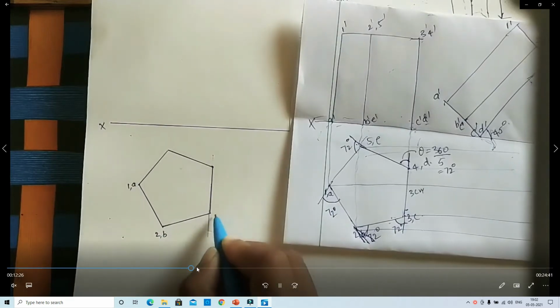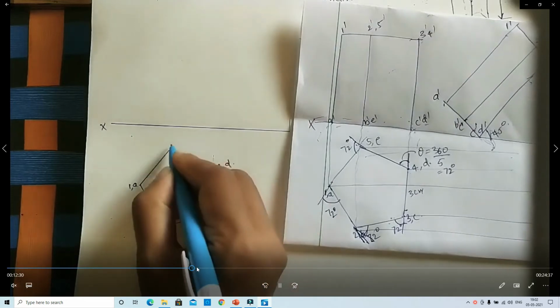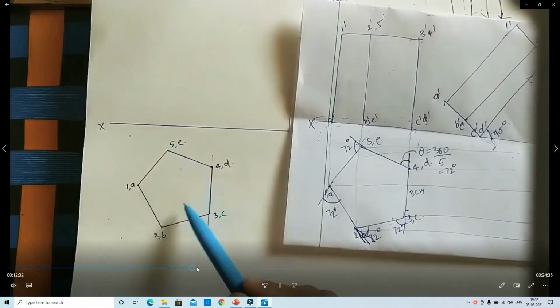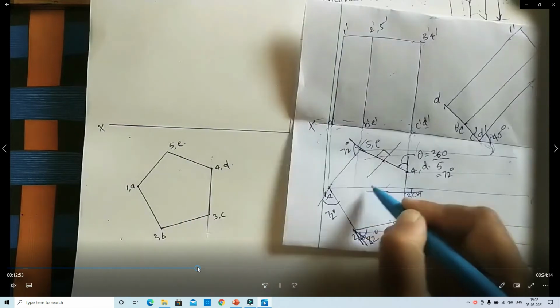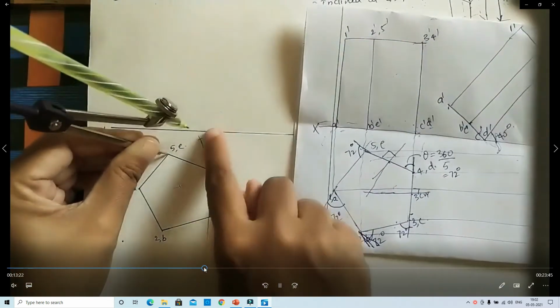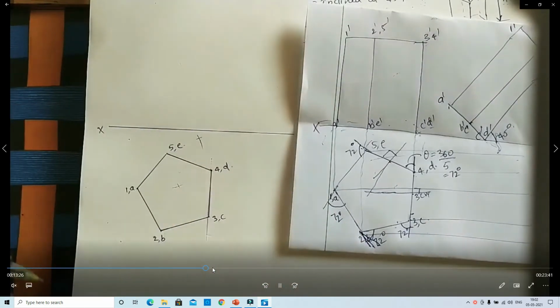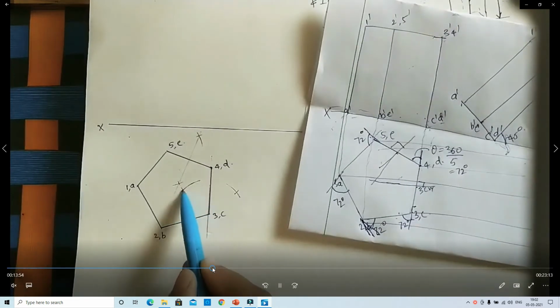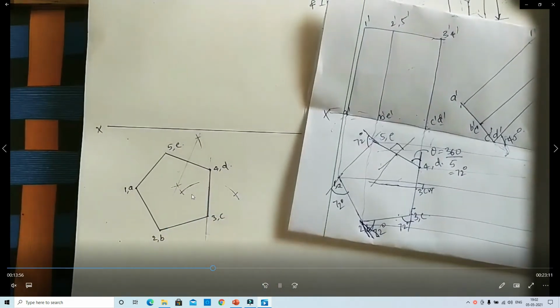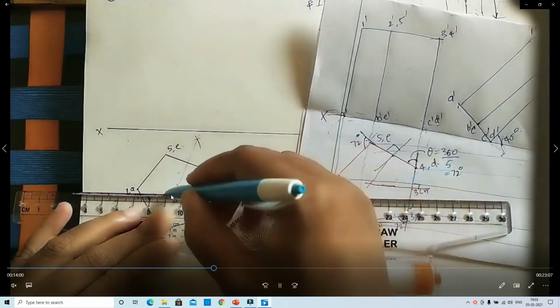On each side you identify the points A, B, C, D, E. Now you identify the center, that is the axis O. In this way, the midpoints, where they meet at one point, that is called the axis.